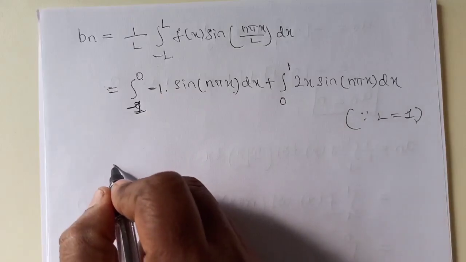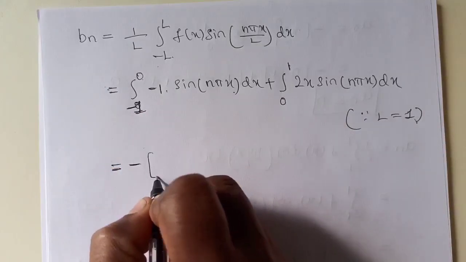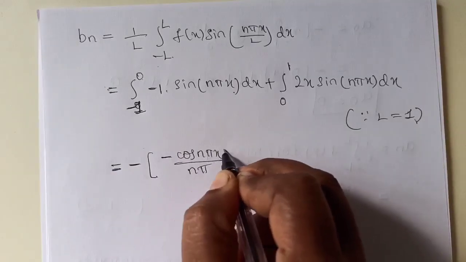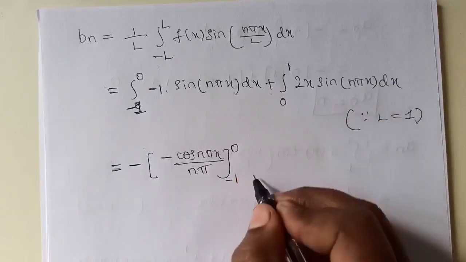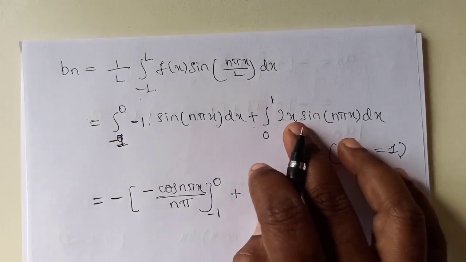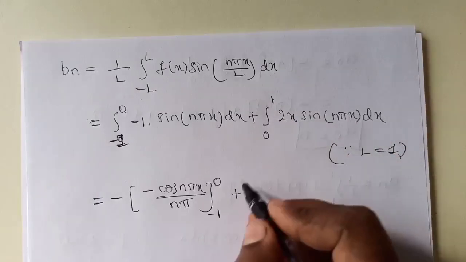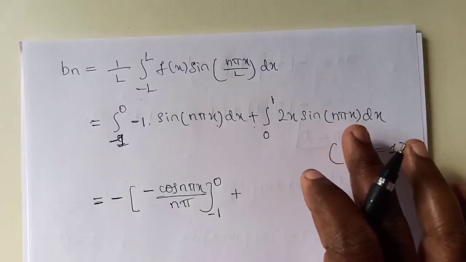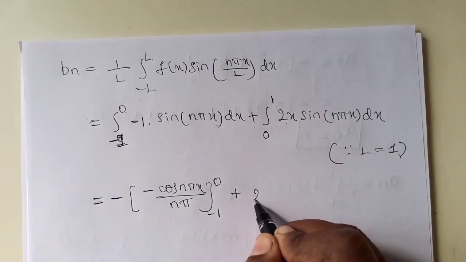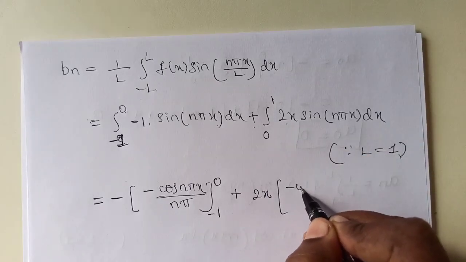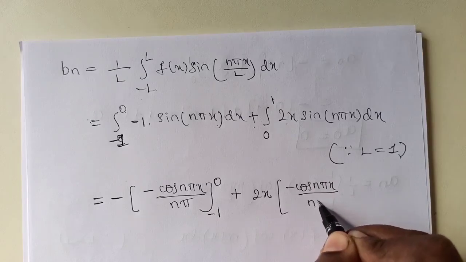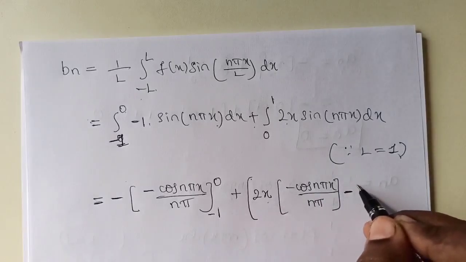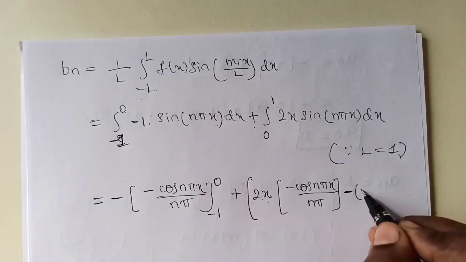Now integrating this one, we get minus taken outside, sin n pi x integration is minus cos n pi x divided by n pi, and the limits are minus 1 to 0, plus again by applying, sorry, not Leibniz rule, Bernoulli's rule for integration by parts, we get this 2x as it is, integration of sin n pi x is minus cos n pi x divided by n pi, minus 2x differentiation is 2.